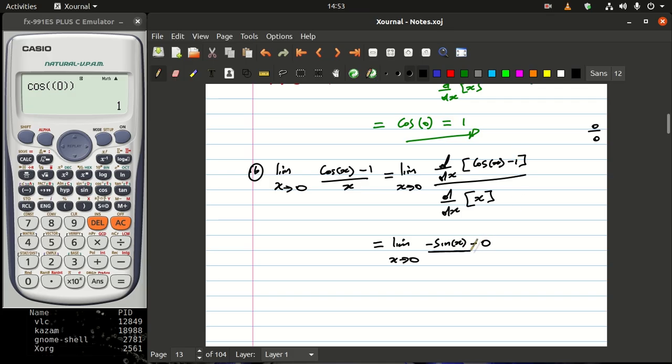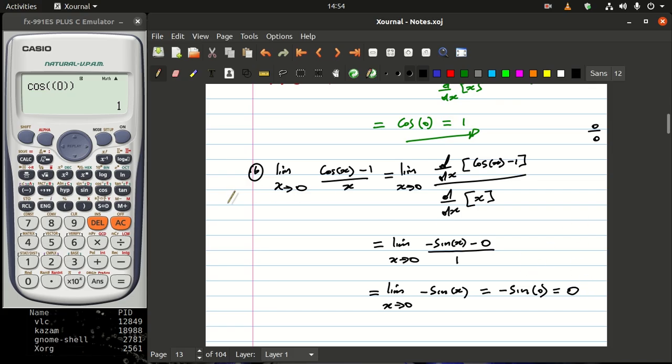The derivative of a constant is always going to be 0, and the derivative with respect to x of x is just a 1. So this whole thing is going to be the limit as x approaches 0 of minus sine of x. When I plug in there, I drop the limit, so I end up having minus sine of 0, which we know is just a 0.